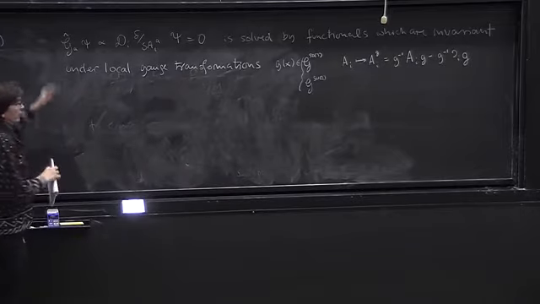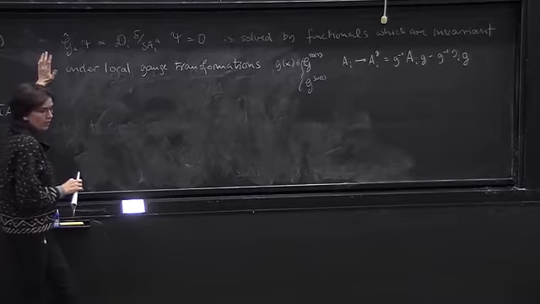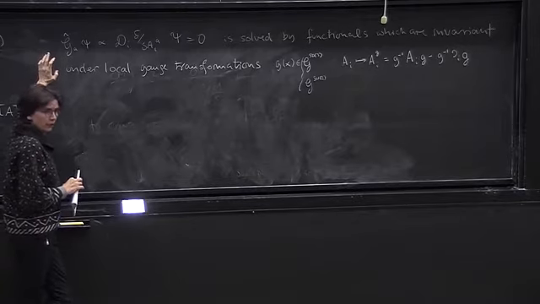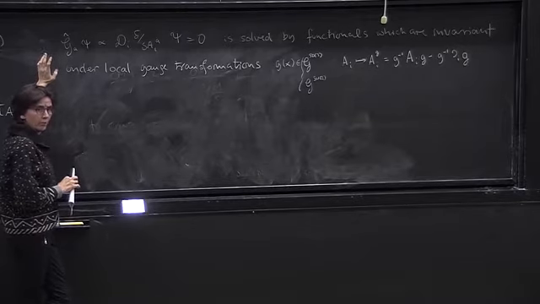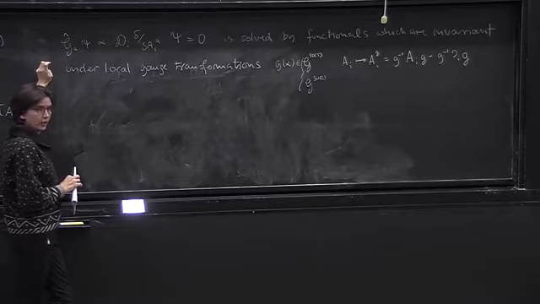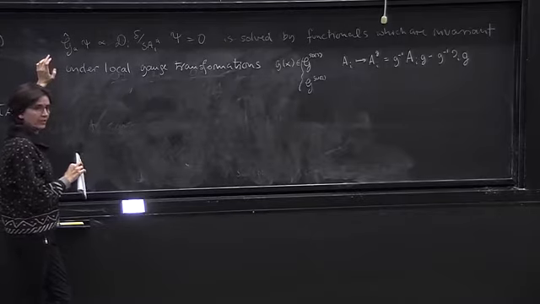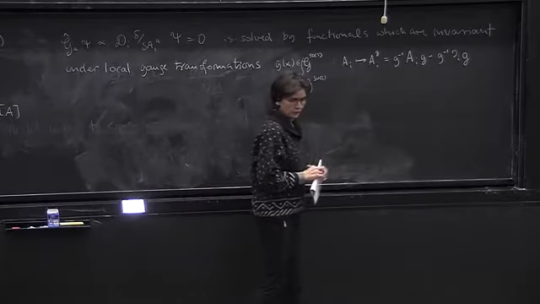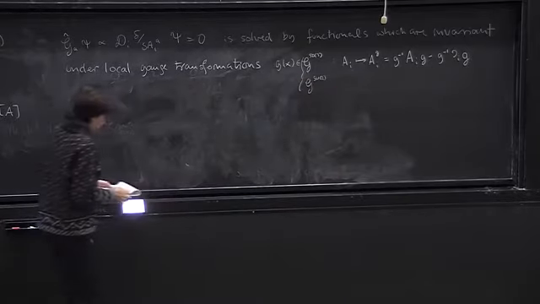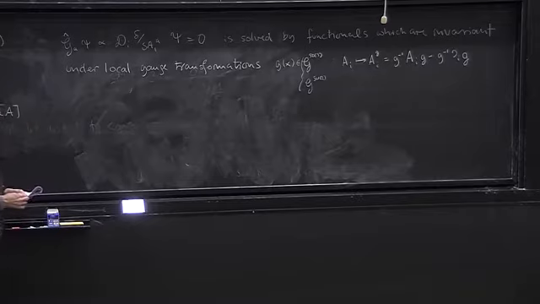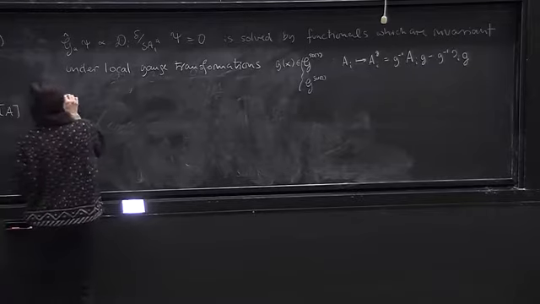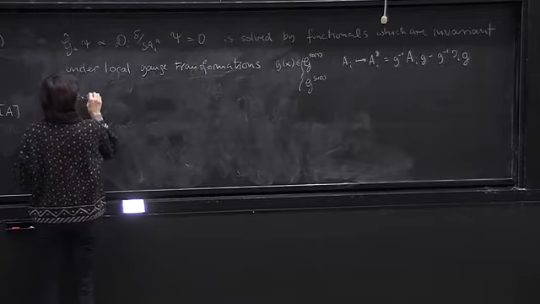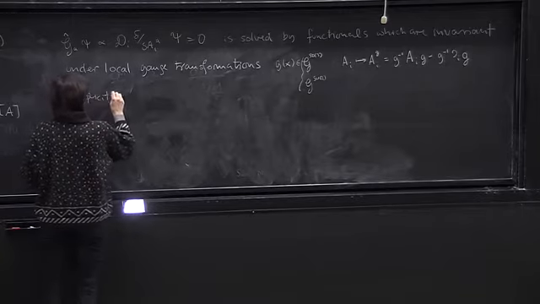Now, the nice thing is that one knows from gauge theory already a bunch of functionals that are explicitly gauge invariant under these field transformations. And those go by the name of Wilson loops. So, this is what we are going to look at for gravity.